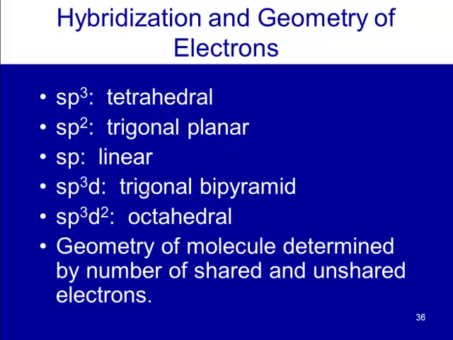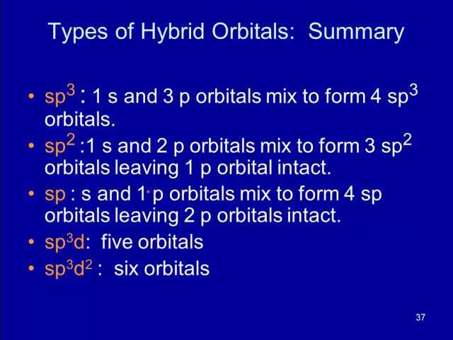So the geometry of any molecules will be determined by the number of shared and unshared electrons. Okay? As you can see, here is another way of summarizing what you just learned. sp3 hybridized orbitals: you take 1s, 3p, and now you have 4 sp3 orbitals, and then that list goes on.